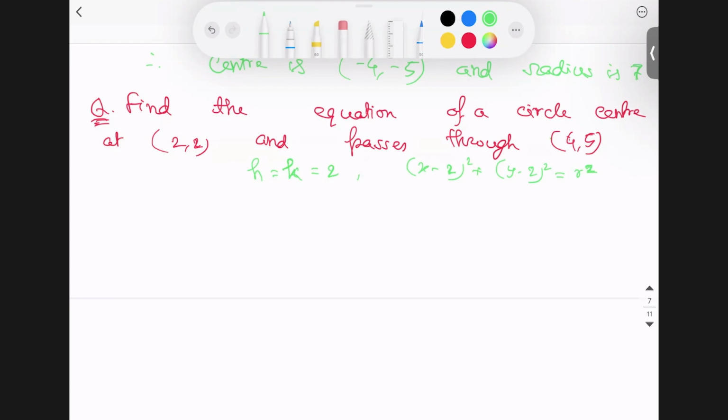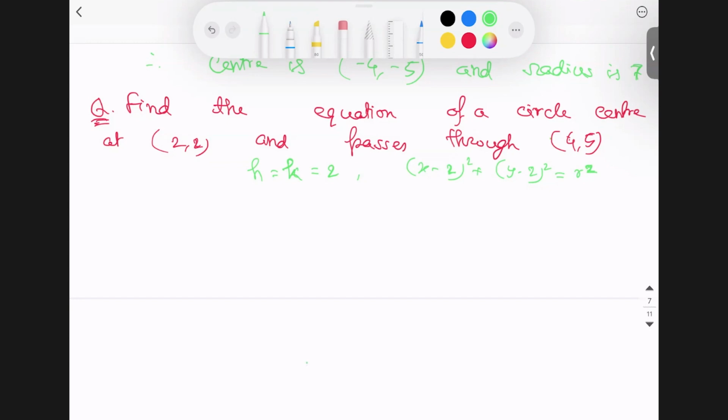So they have given another extra case, that the point 4, comma 5 lies on the circle. Okay, so the point 4, comma 5 lies on the circle. So we can put this 4, comma 5 in this equation. So we can put x equals 4 and y equals 5.